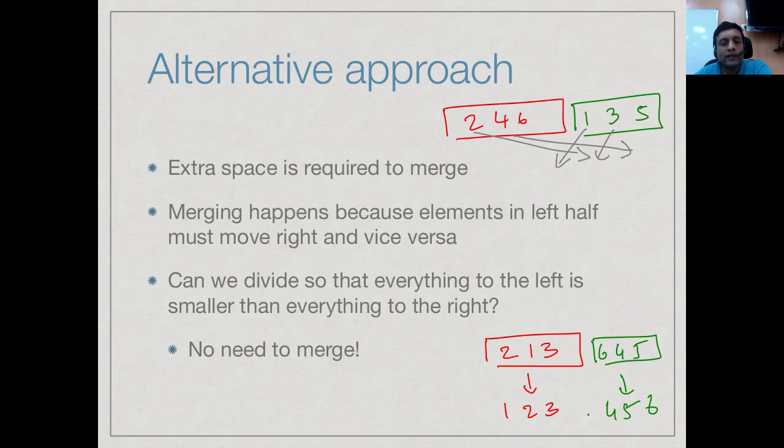If I had guaranteed that the split was such that everything on the left is smaller than everything on the right, then after doing this divide and solving the subproblems, no combination occurs. There is no need to merge. Okay? So our next sorting algorithm will look at a strategy to implement this idea.